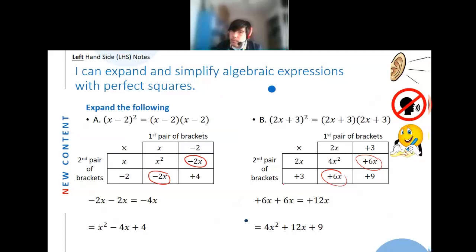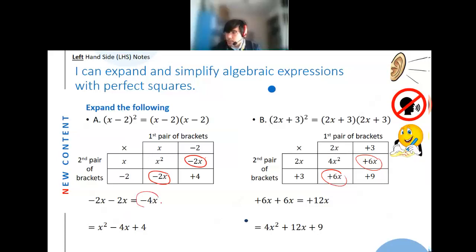Now maybe some of you have noticed that these two boxes are the same. They're all negative 2x. So once you've done one of them, you get the other one already. And maybe some of you also noticed that what we can do is we just double them, right?